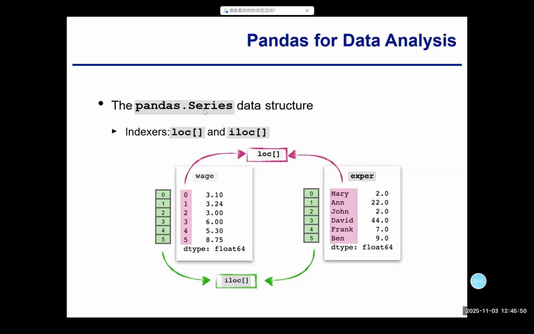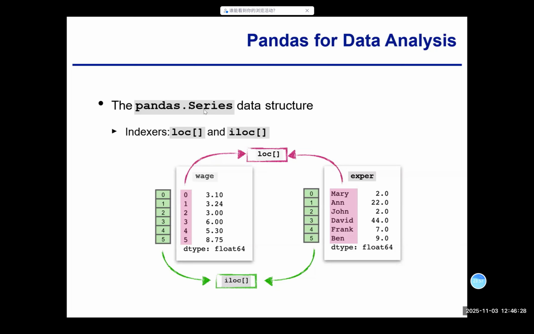So whenever we see the letter i, it helps us make the connection to the integer position-based system. So hopefully that will help you differentiate between loc and iloc. iloc is the one associated with the integer position, and the term without i, which is simply loc, is the one associated with the user-defined names.